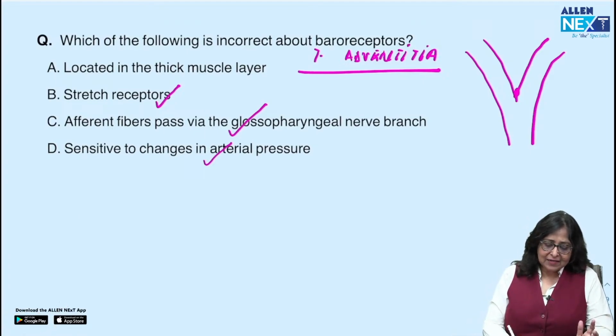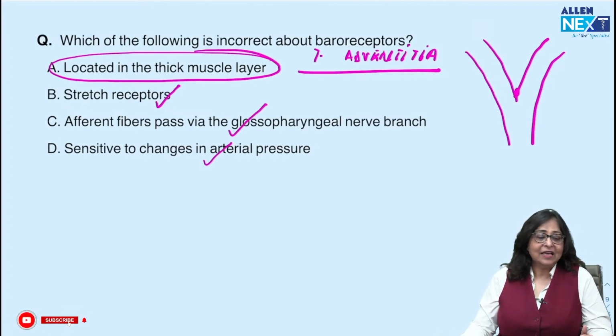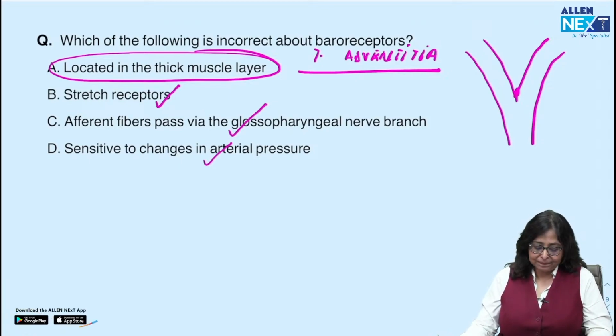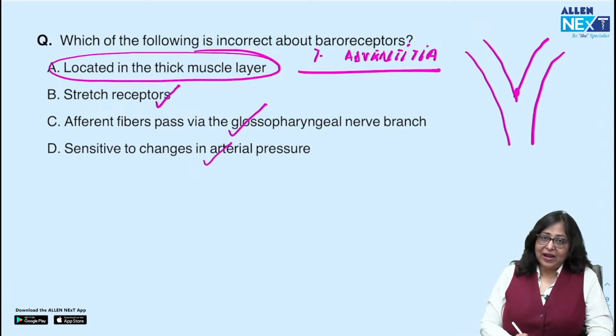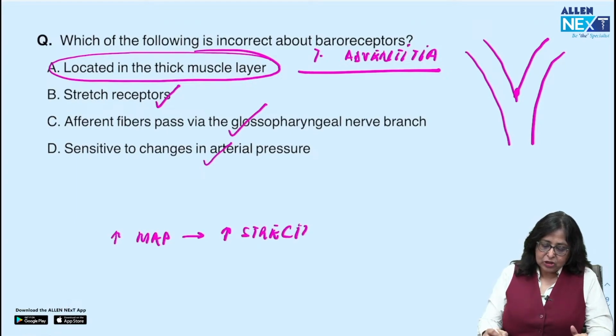So the best answer here appears to be A. AC appears to be incorrect, not in the muscle layer, but in the tunica adventitia. Now, remember, whenever there is an increase in the mean arterial pressure, there is an increase in the stretch of the vessel wall, which increases the firing rate of the baroreceptors.